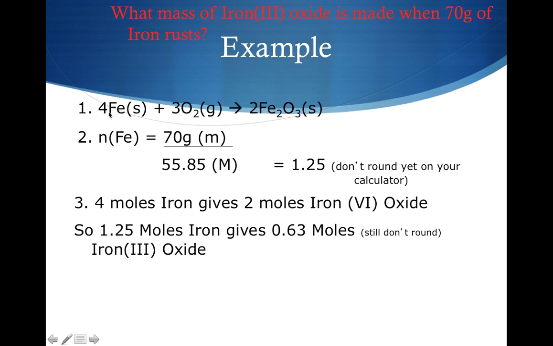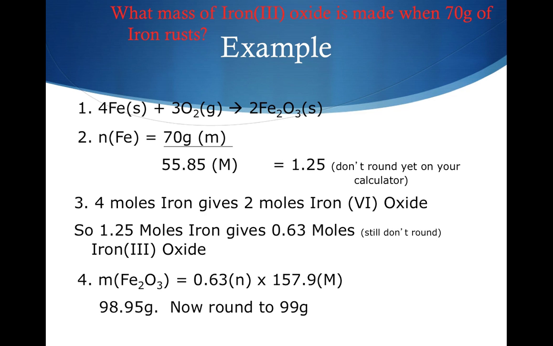Now, 4 moles of iron give you 2 moles of iron oxide, so it's half as much. Okay? So if we take this 1.25, divide by 2, that's going to give you 0.63 moles. Again, your number on your calculator is going to be longer, still don't round it on your calculator. Okay, just write down an abbreviated one.